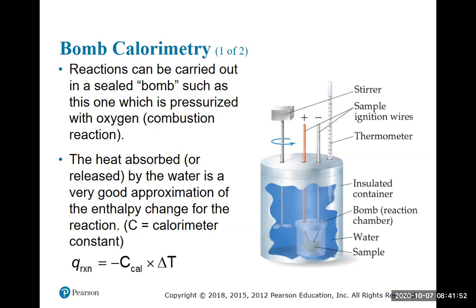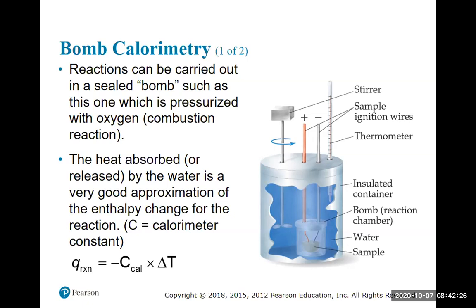These things are usually really heavy metal, really well insulated. You can see there where there's ignition wires and it's down in a beaker. Sometimes you have water surrounding the beaker, sometimes you don't. It depends on what kind of experiment you're doing. But you have oxygen in there in that reaction chamber, and what you do is you basically blow the stuff up, on a real small controlled scale, and you get a temperature change there.